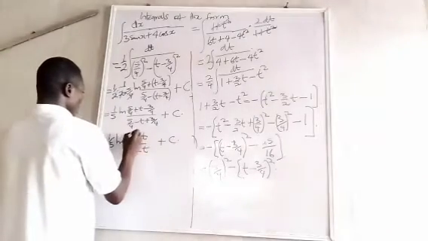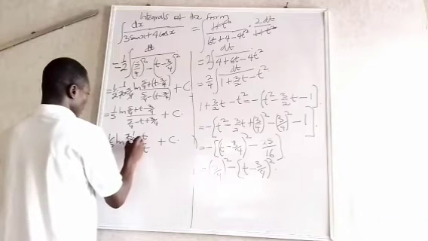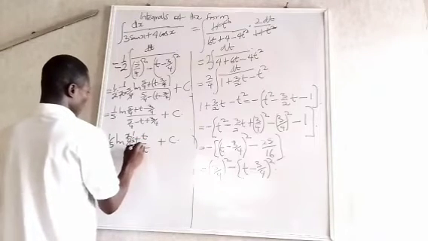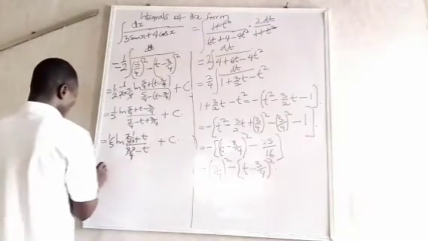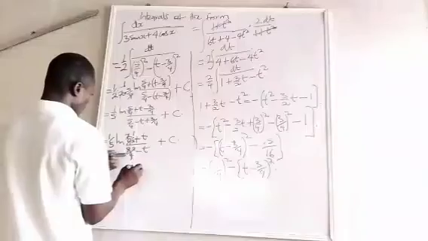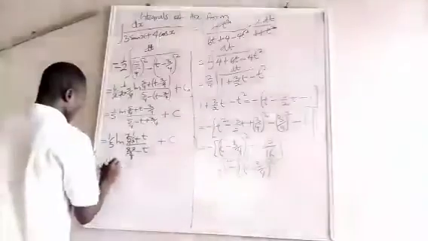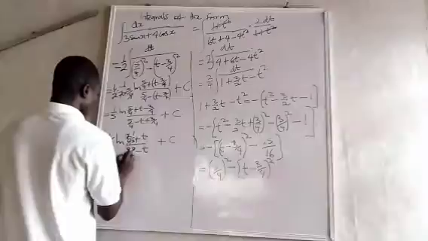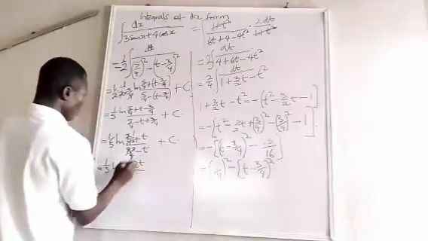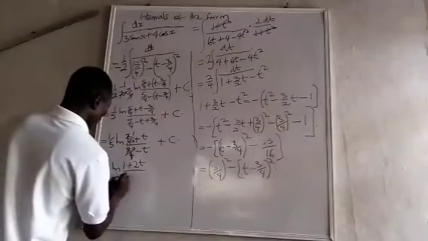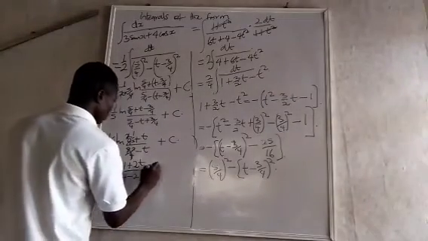So this one is half. Here, this one is 2. So if I multiply through this one by 2, this one by 2, I'm going to have 1 over 5 ln 1 plus 2t over 4 minus 2t plus c.